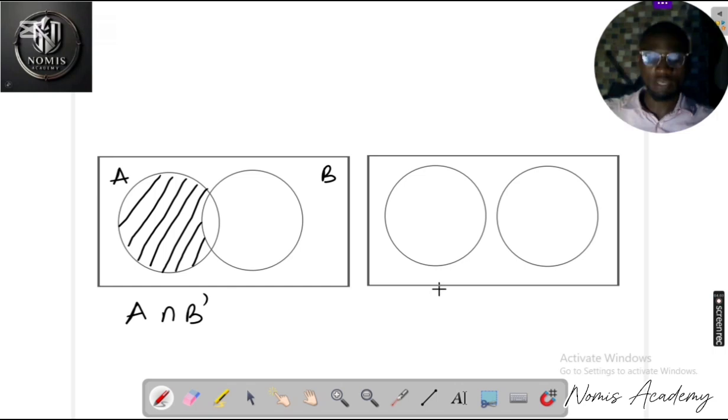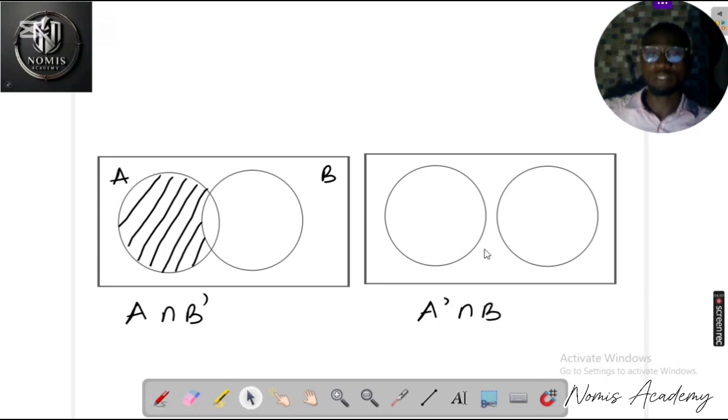The same thing we have with A complement intersect B. So what do we do with A complement intersect B?